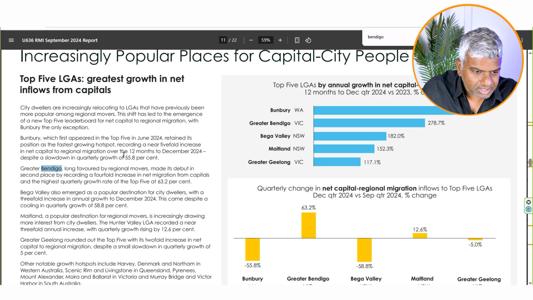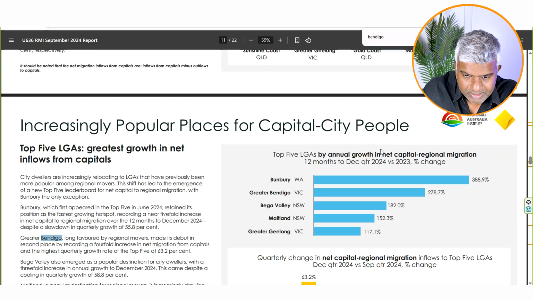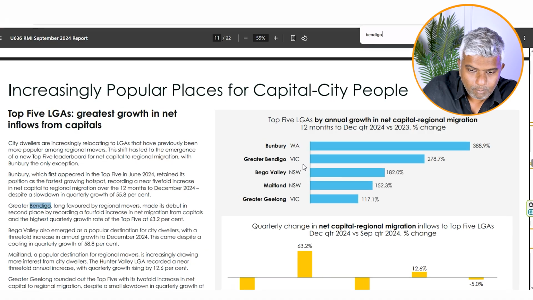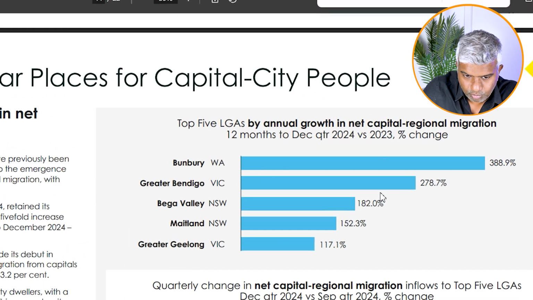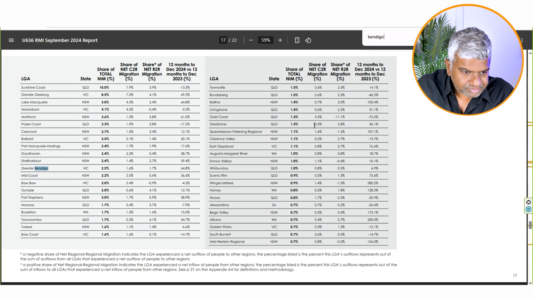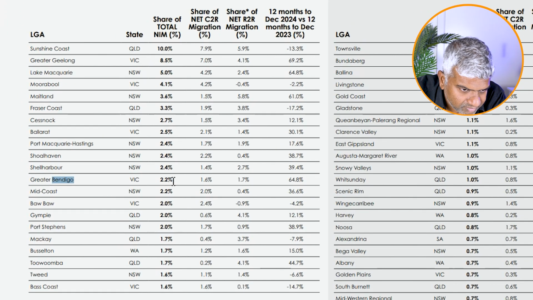The next one I can see is the top 5 LGAs by annual growth in net capital to regional migration. From capital cities to regional migration, which ones have seen the most increase between 24 and 23? And Bendigo has seen a 278.7% increase just over the last year, which is very, very positive. If I further go into this, I can see that the share of the total migration Bendigo is receiving is 2.2%.